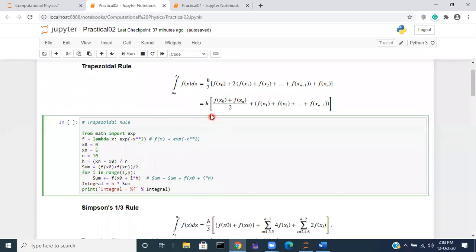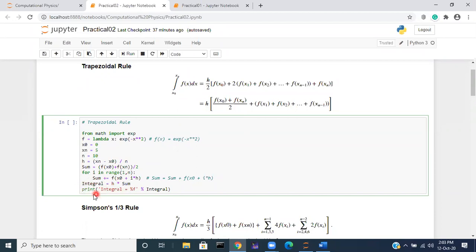What remains is only to multiply the sum by h. So in the next step, we write h multiplied by sum, and assign it to the variable integral. So the final answer is ready.